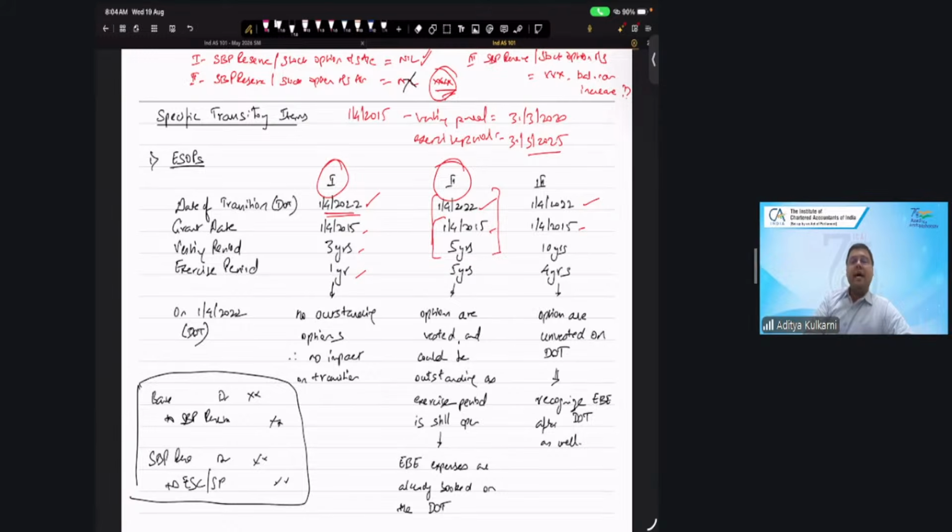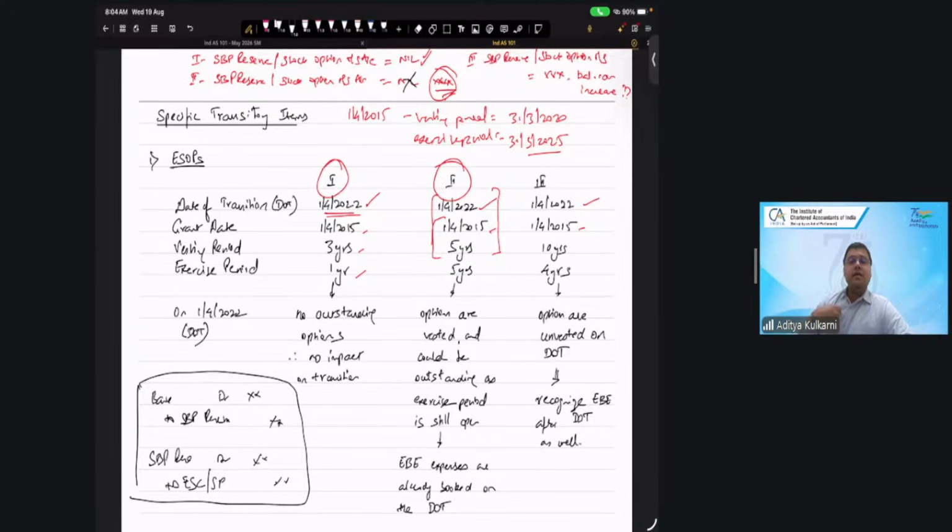In spite of that, I am giving you an exemption because all the impact that had to go to the P&L has already gone. Now you need not revisit that impact again because the contractual vesting period is over. So whatever value is appearing in your balance sheet, you can continue to treat that as the value on the date of transition for the purposes of Ind AS.